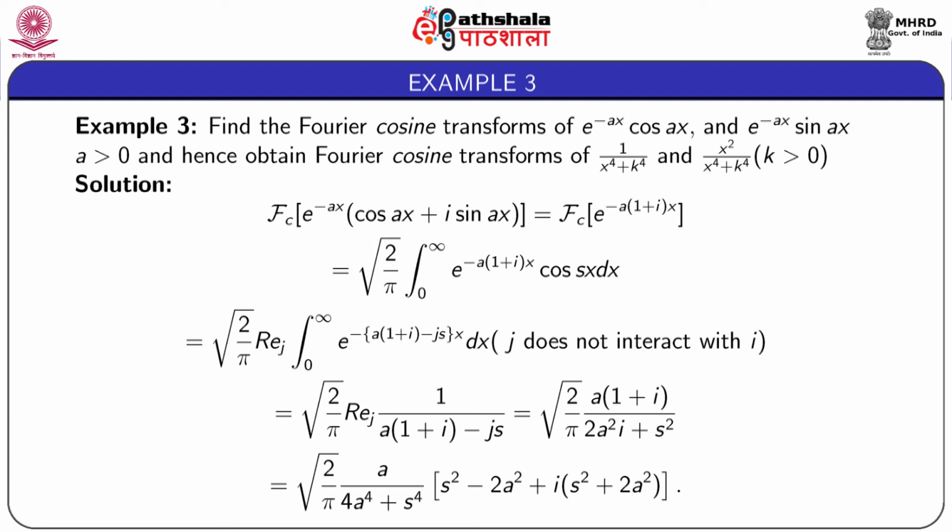Now, simplifying this with respect to i, we obtain the integral root 2 by pi a by 4a^4 plus s^4 into s square minus 2a square plus i into s square plus 2a square.